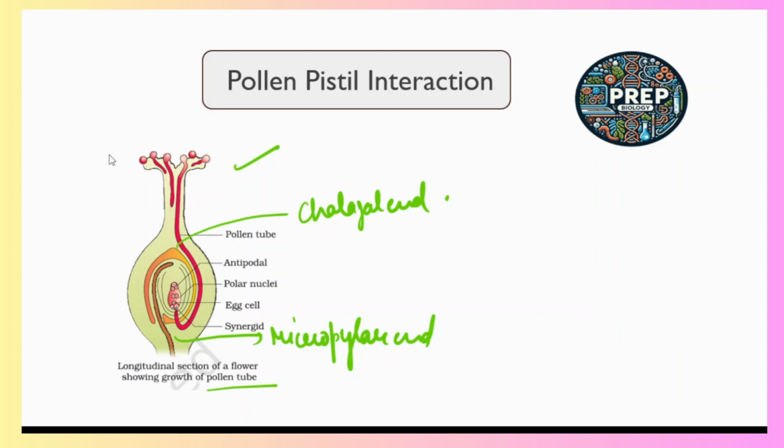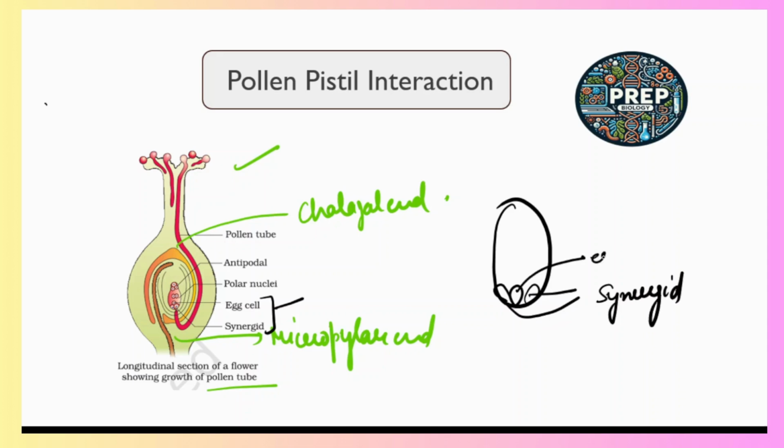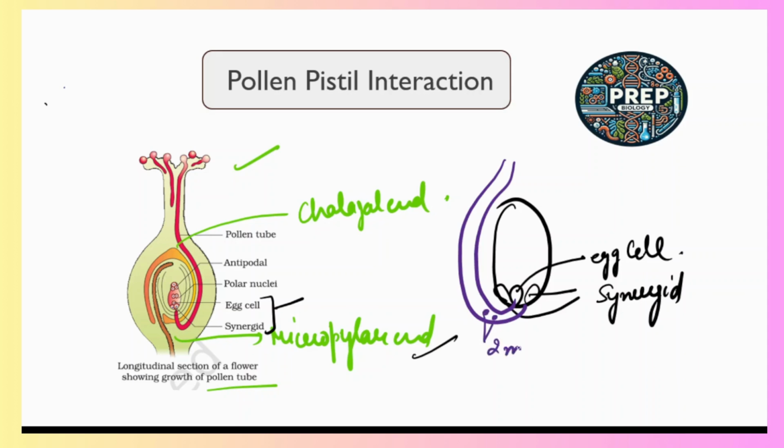At the micropylar end we have the egg cell and two synergid cells, arranged like this. Now the pollen tube will come and reach the micropylar end, and the pollen tube contains two male gametes and one vegetative nucleus.